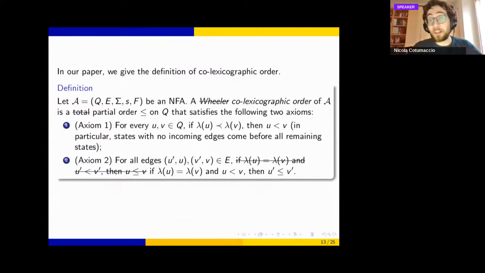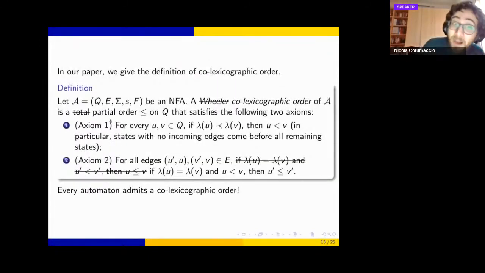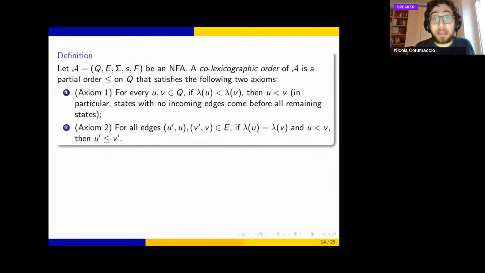Here, I'm just requiring the opposite. That is, the mutual order of end states should propagate to the mutual order of start states. In the setting of Wheeler graphs, this is 100% equivalent to the old definition, because I'm just picking the contrapositive statement. But remember that now we are just considering partial orders, so these two statements are not logically equivalent any longer. So this is the definition that we introduced in our paper.